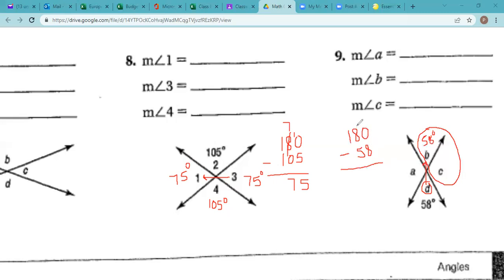So let's borrow from the 8 and make it a 7. Put a 1 in front of the 0 to make 10. 10 minus 8 is 2. 7 minus 5 is 2. 1 minus 0 is 1. So we have our answer of 122 degrees.